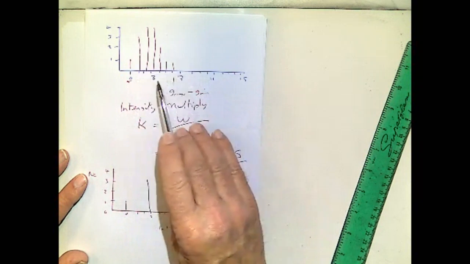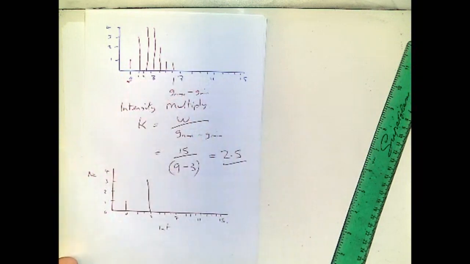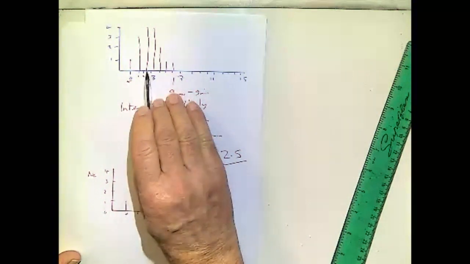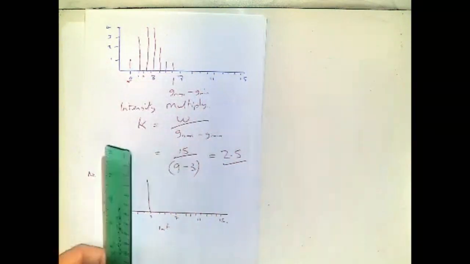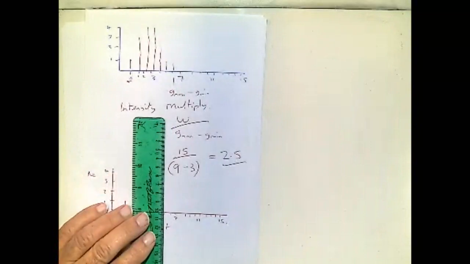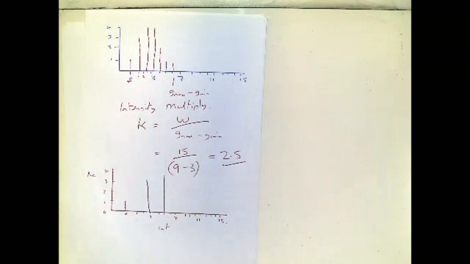No, the second one is intensity there is, let's write them down, 1, 2. So the intensity there is 2. 2 times 2.5 is 5, so that will go to 5. So we now have a population of 4 at intensity 5.